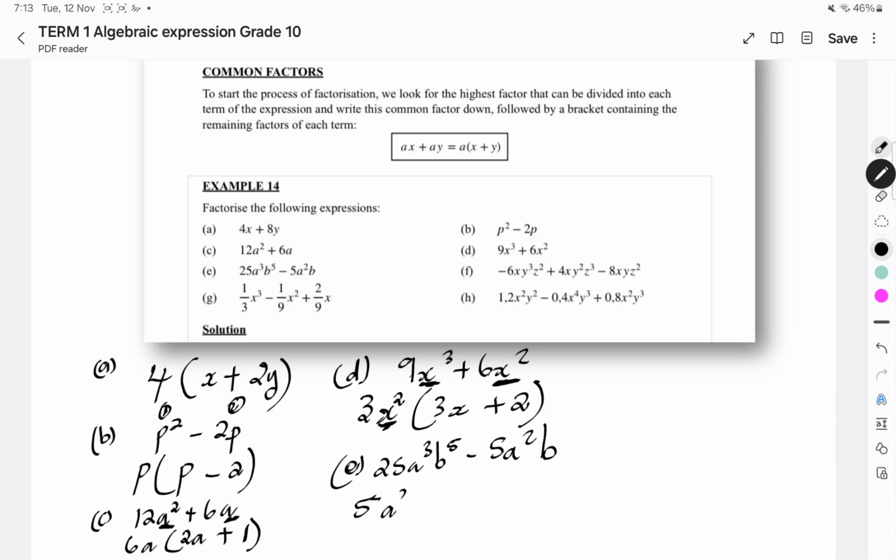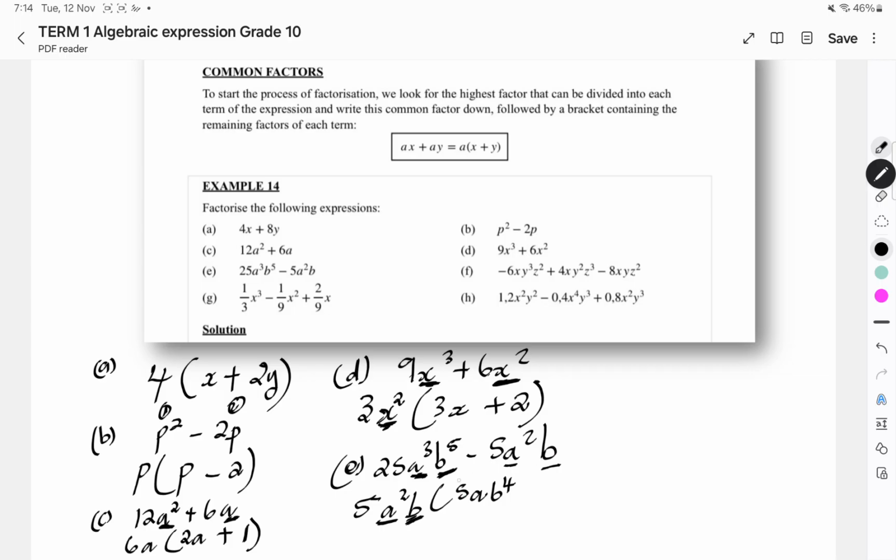And then a squared, because of the least that they have, it's a squared. And then I have b to the 5 and 1 b, so the 1 b is common. Are we clear on that one? When we go to the variables, we take the one with the least exponent to make it our common factor. Then we say 25 divided by 5, I get 5. a cubed divided by a squared, I get a. And b to the 5 divided by 1 b, I have b to the 4.